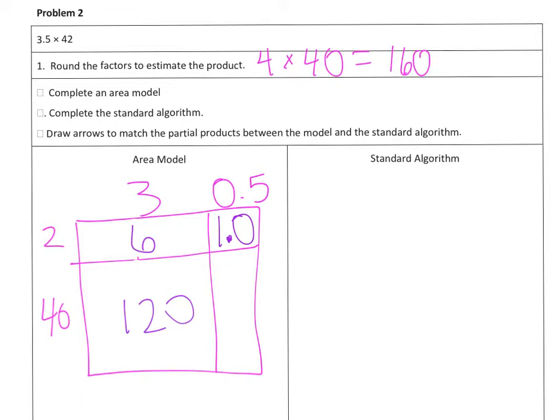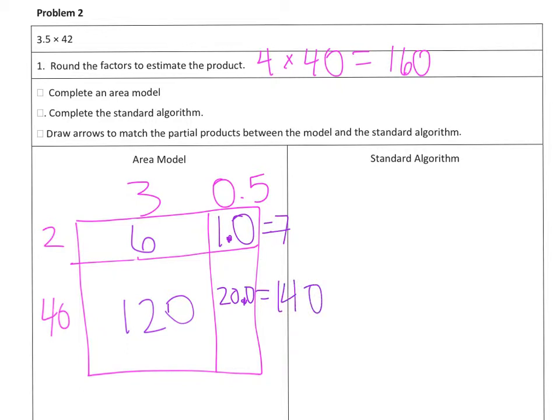Well, 40 times 5 would be 200, but then I'm going to put my decimal back in. I'm going to scooch it over one place. And so then I just have to add these guys up. So 6 and 1 and 0/10 is 7, and this is 120, plus 20 is 140.